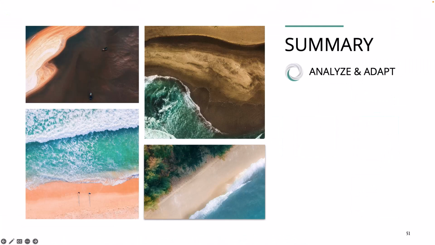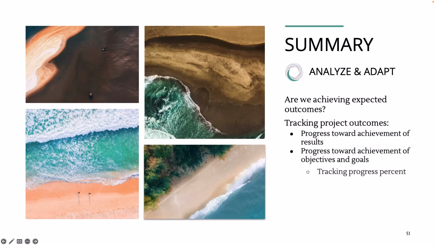So, to recap what we've covered in this presentation, in this module, we've demonstrated how to answer a key question. Are we achieving expected outcomes? And if not, why not? We learned how to track and prepare the data we need to determine if we're achieving the expected outcomes of our project.